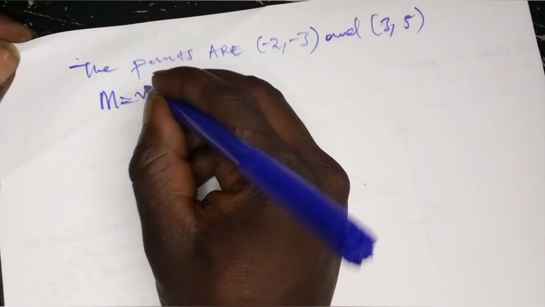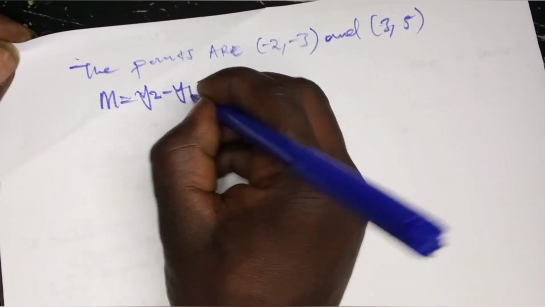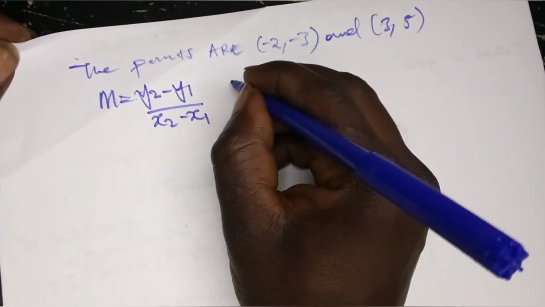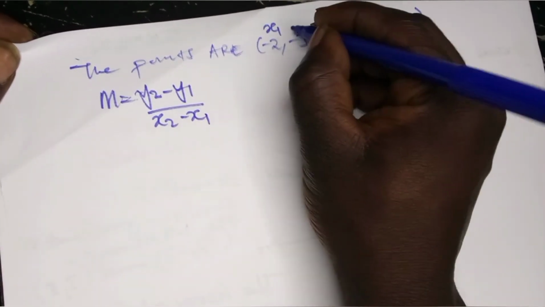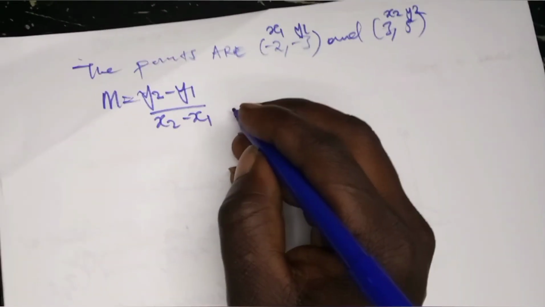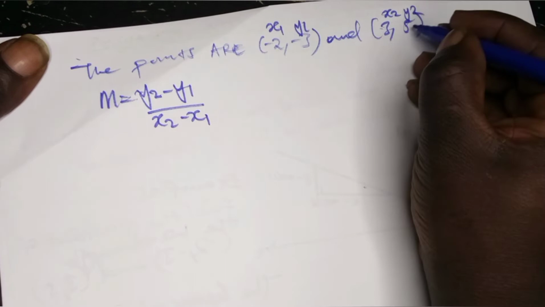So now gradient equals y2 minus y1 over x2 minus x1. This is the formula, and we indicate x1, y1 and x2, y2. So we start substituting now.